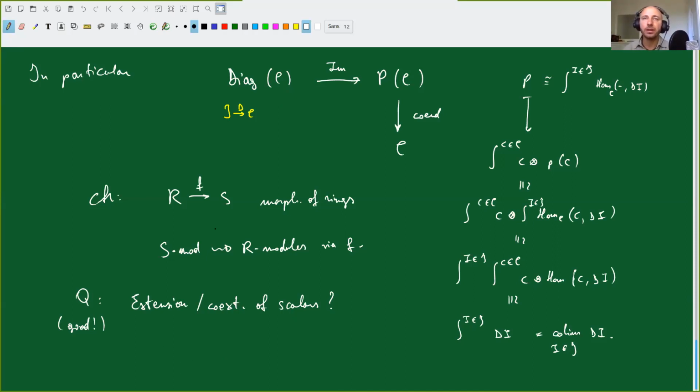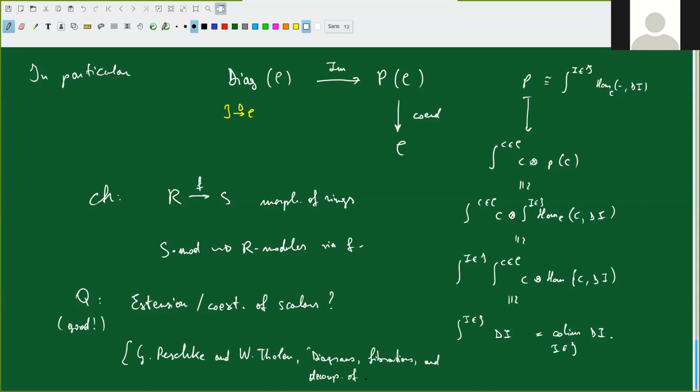But limits in the category of diagrams are actually... so if you want a reference, it is Paschke and again, Walter Tholen: "Diagrams, Fibrations, and Decomposition of Colimits."